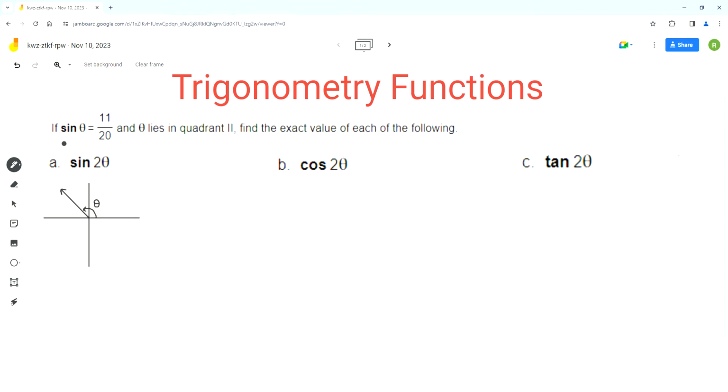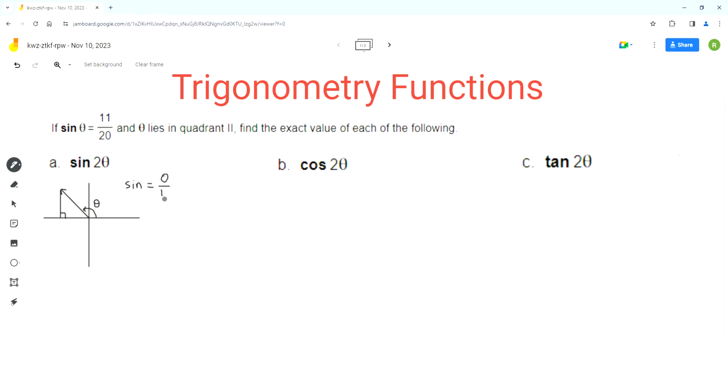Now we are given that sine of theta is equal to 11 over 20. So we can use these values as side lengths in this right angle triangle. We know that the formula for sine, so I'll write it here, sine is equal to opposite over hypotenuse.